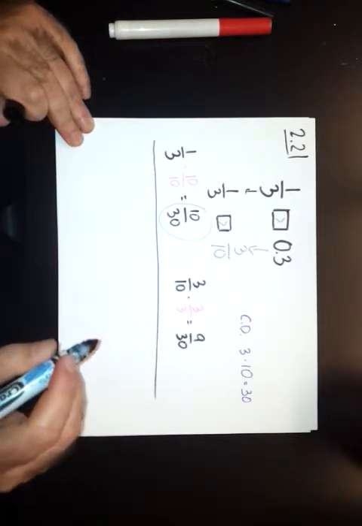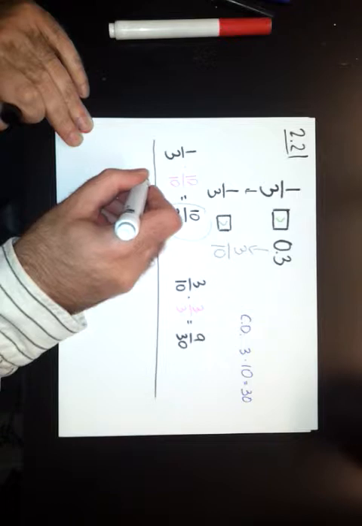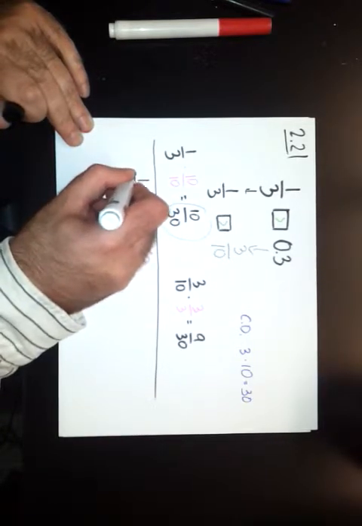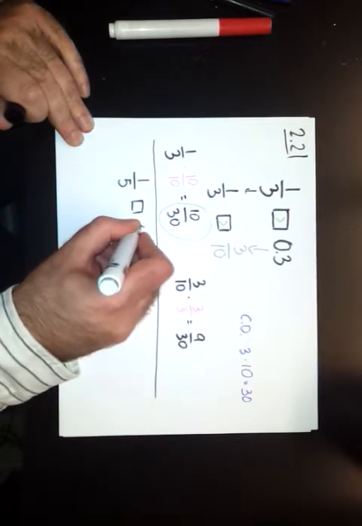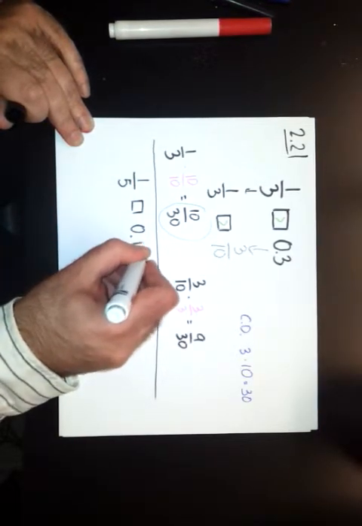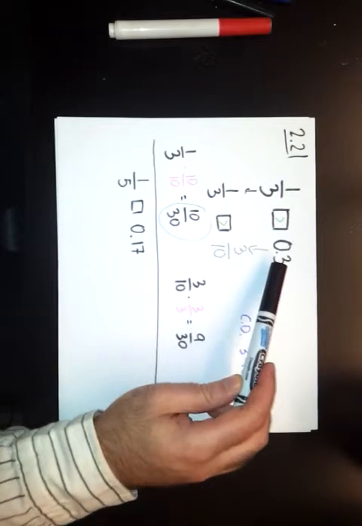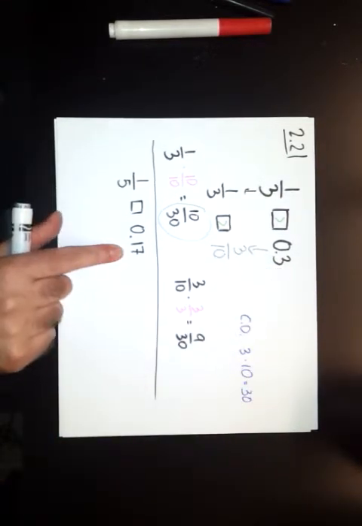And let's go ahead and compare 1 over 5, and I want to compare that to 0.17. So before, you just had one number after the decimal. That was the tenths place. Here, you have two numbers after the decimal.